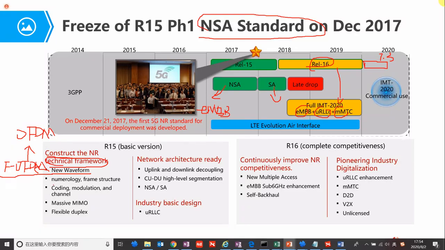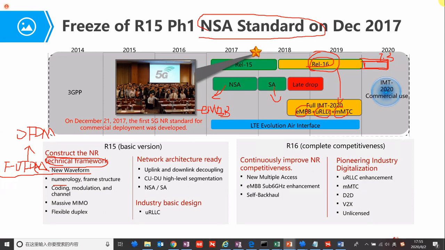Any questions? Yeah, I just have some concern regarding release 16. Based on the latest research, release 16 mainly focused on URLLC, because eMBB was already achieved in release 15.